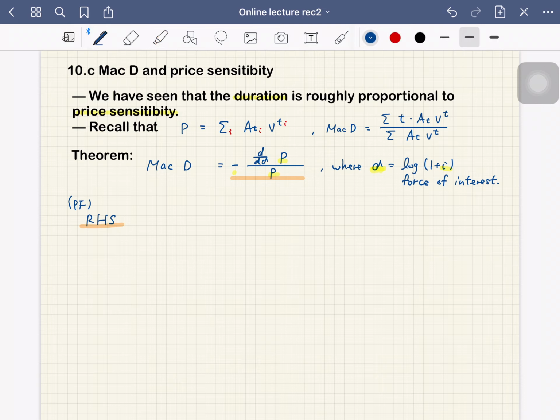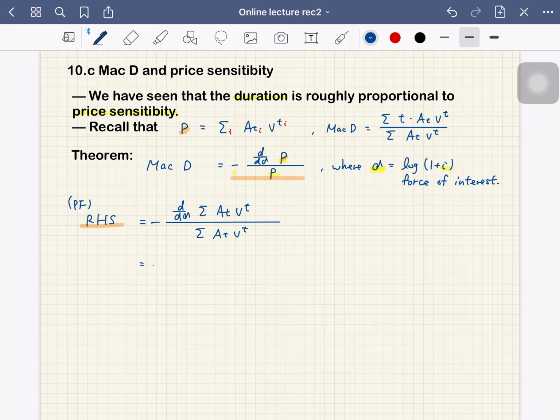Right hand side, we just write down everything, plugging in this P here. We have a negative sign. So negative of d delta of summation of a sub t v to the t, and P is summation of a sub t v to the t. So here, okay. Then what to do?